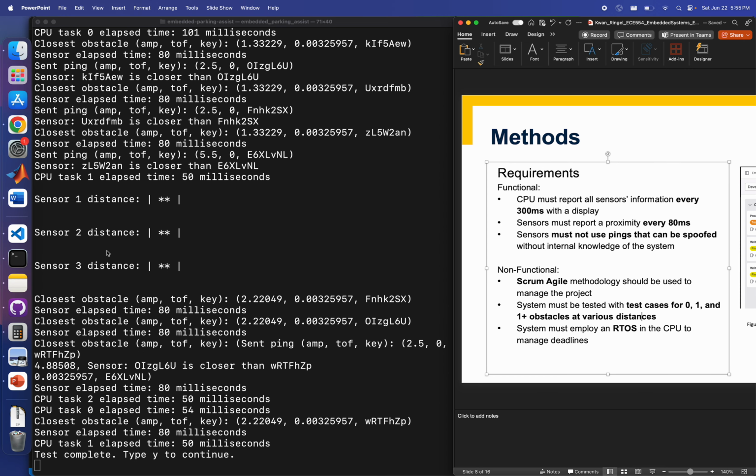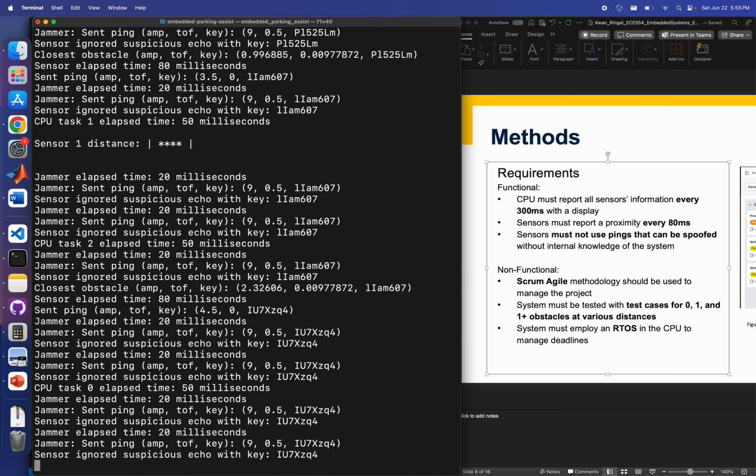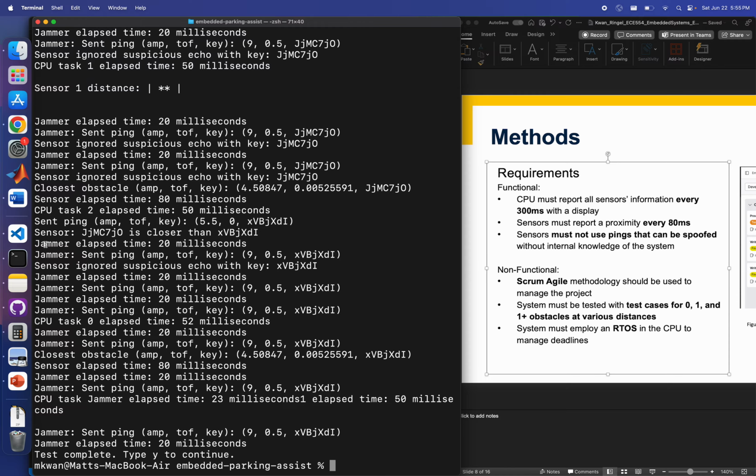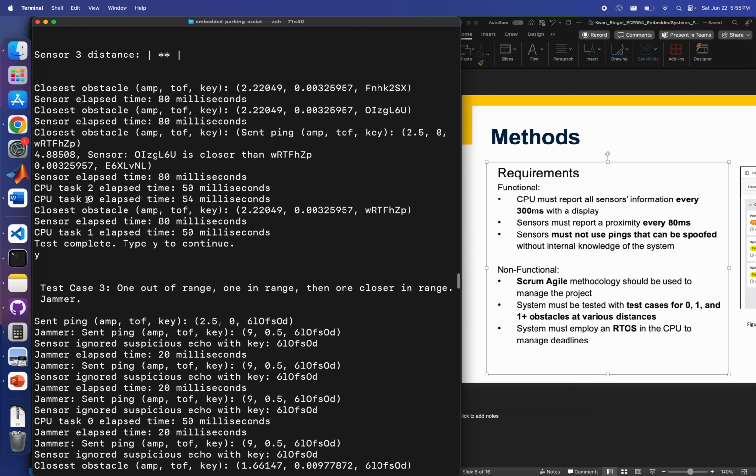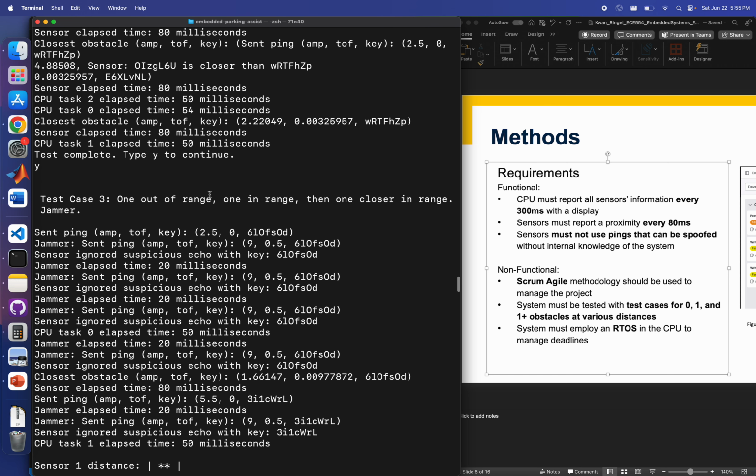Okay, and so the last test is especially interesting because we introduce a jammer. It does a similar setup to the first test, except a jammer will be pumping false echoes to the sensors at a high frame rate. So from the top, test case 3, 1 out of range, 1 in range, and then 1 closer in range with the jammer.